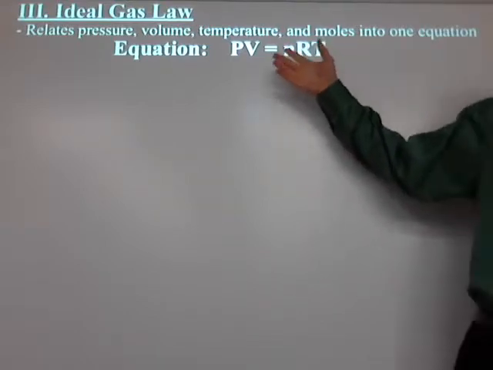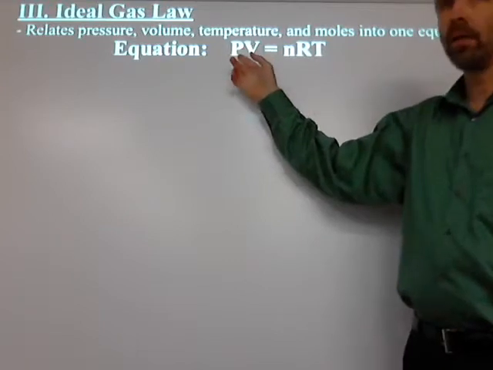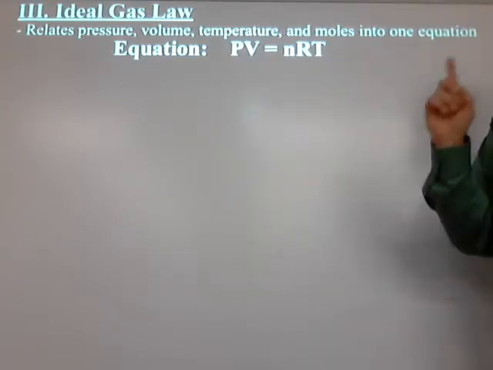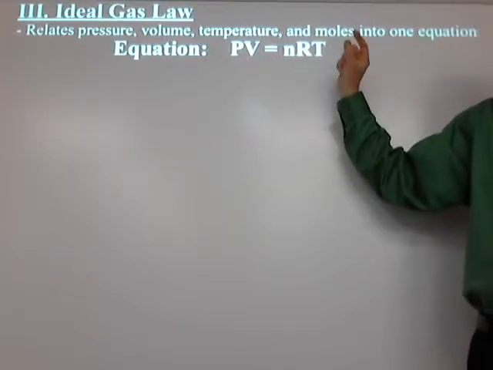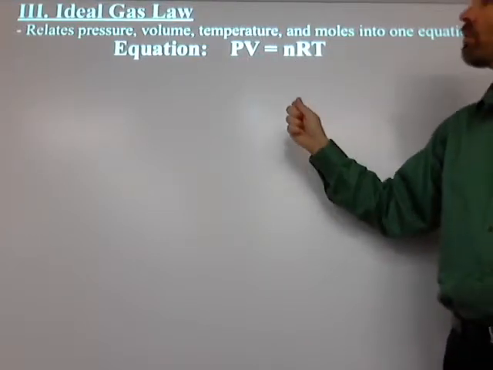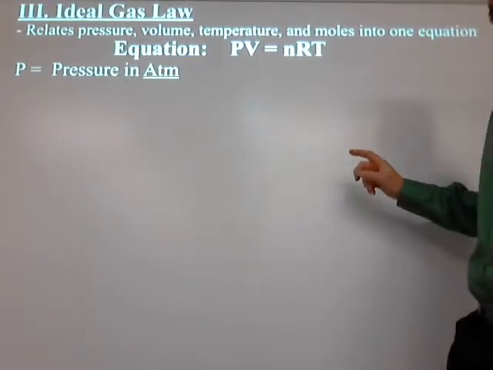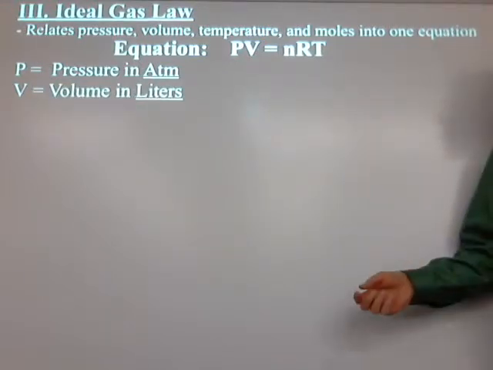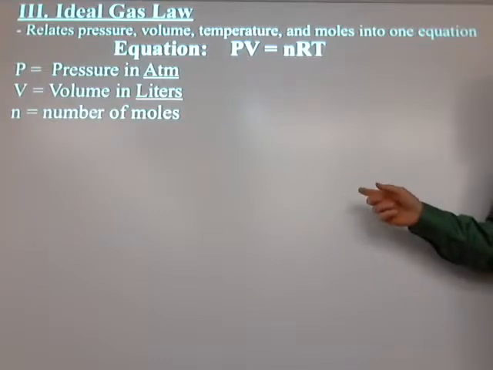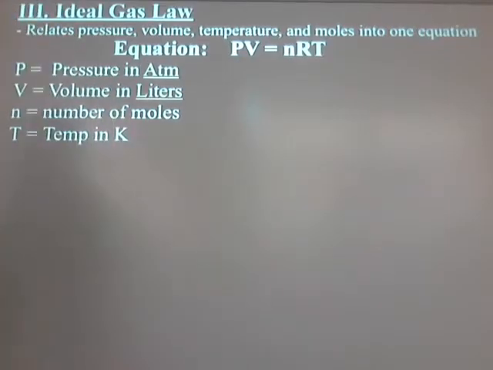All right, so let's go over each of these things, what they are. And they're not as simple as you think. P, you might say, obviously is the pressure. But if we're going to use this equation and the constant R I'm going to give you, I have to have my pressure in atmospheres, or it's not going to work. The constant will only work if the pressure is in atmospheres, the volume is in liters, the temperature, which we already know has to be in Kelvin, and moles.